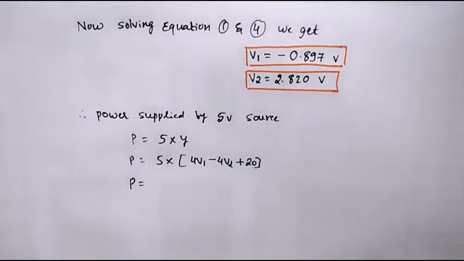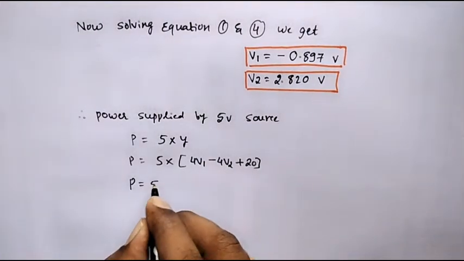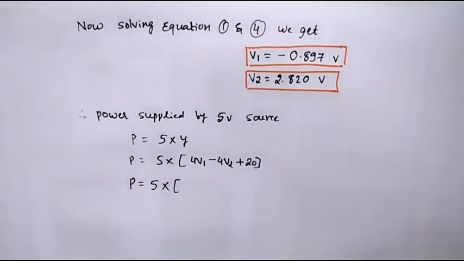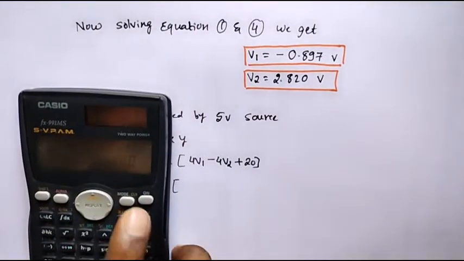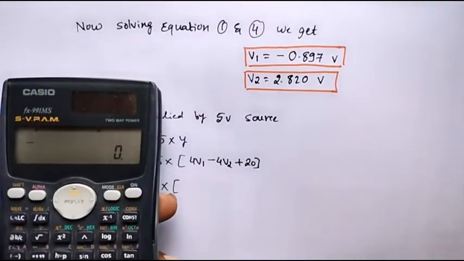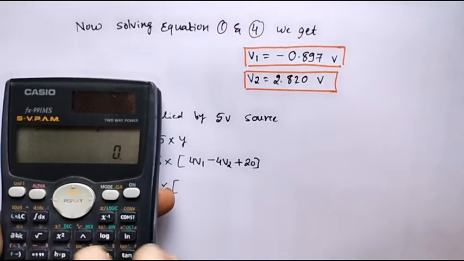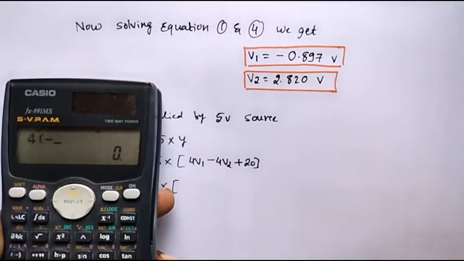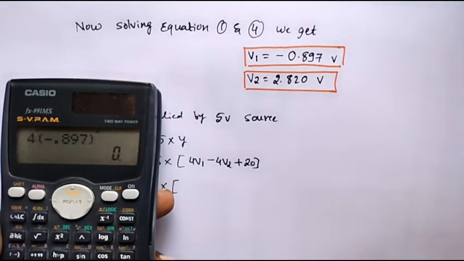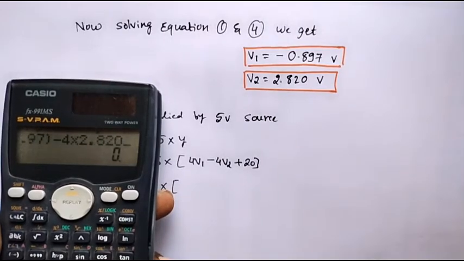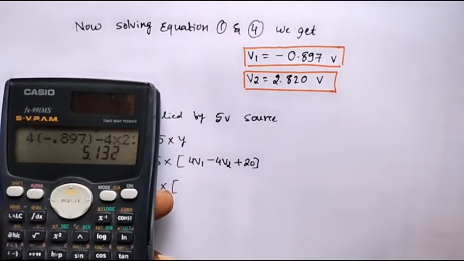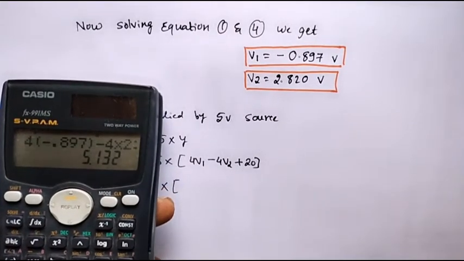solving this we can get 5 into, we'll solve this one first. That is 4 into V1 value, minus 0.897, minus 4 V2, which is 2.820, plus 20, that is 5.132.